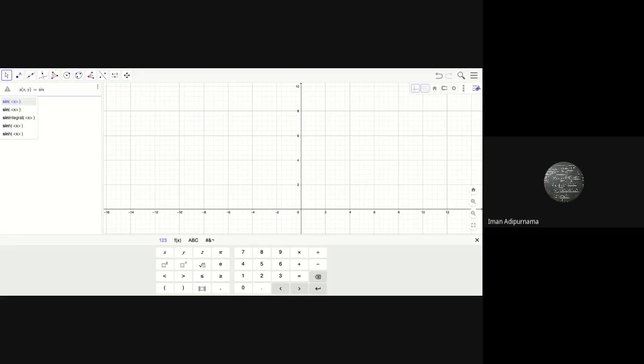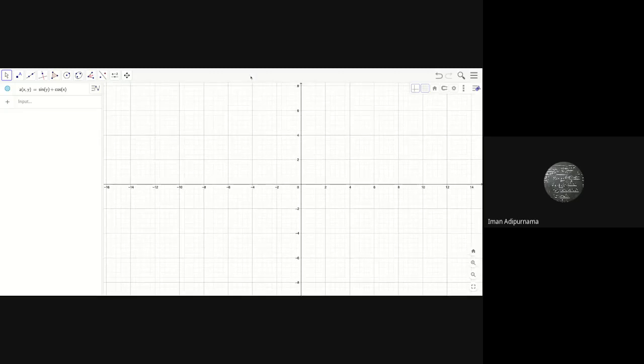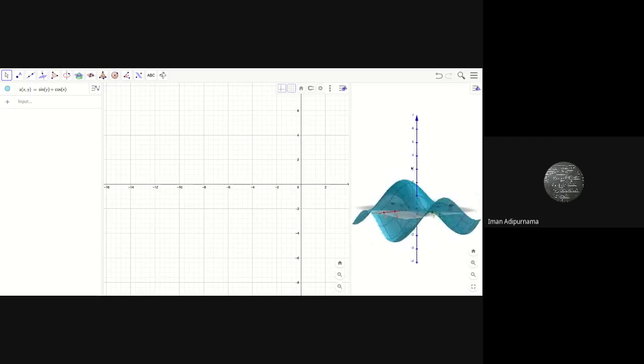So if you want to have x sine y plus cos x, if you make these functions with two variables while still using the two-dimensional view like this one, it will not generate any graphs. Okay? So if you want to see clearly what is happening, you go for the 3D graphics. So you can see here like that one.